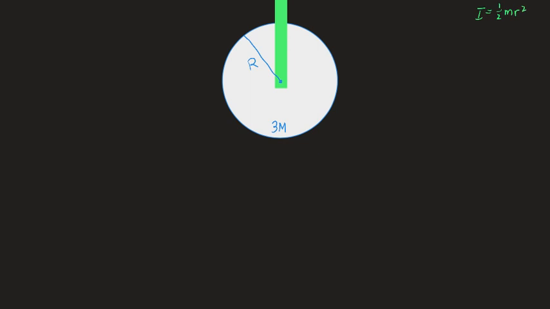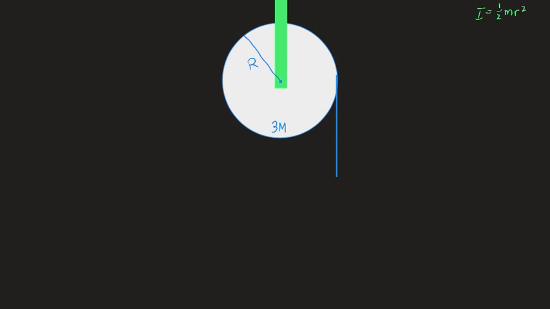Be careful. I am intentionally trying to manipulate you a little bit. Moment of inertia of the pulley is about its total mass and its radius, which is why I put little m and little r there for the moment of inertia, to differentiate it from the fact that my pulley has a mass of 3 times some value I call m.